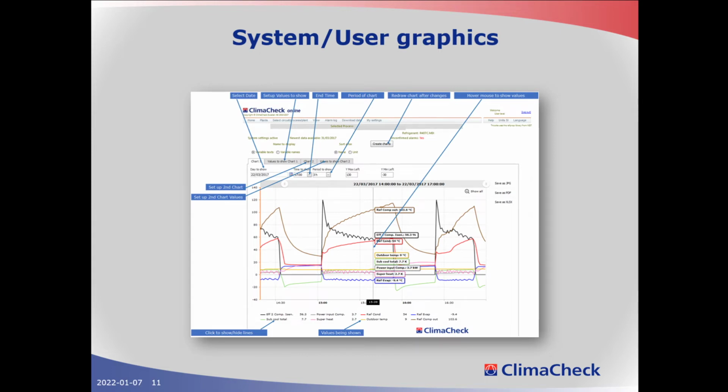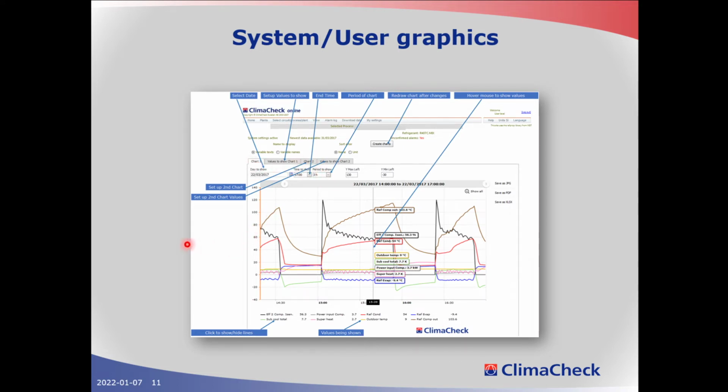From this View menu, again, you can select the system and end user graphics, same thing here. You have one page for the system and one page for the user that you can set up individually if you like. Each of these, system and user, has 2 charts. So you have system chart 1, system chart 2, and user chart 1 and user chart 2.